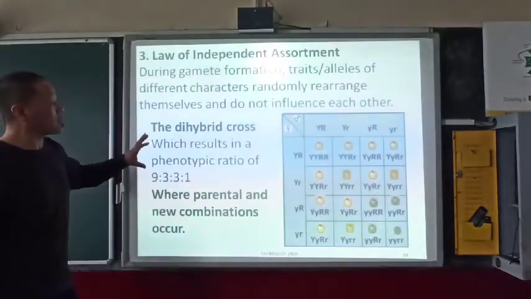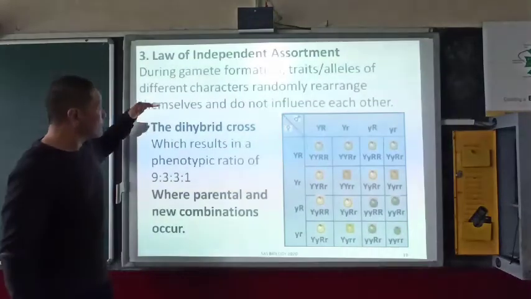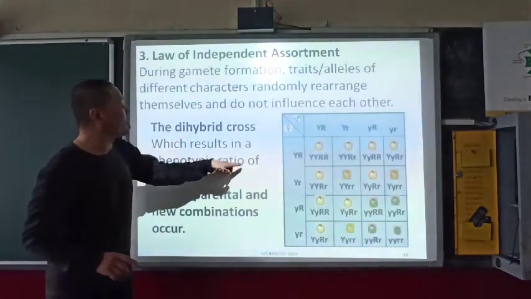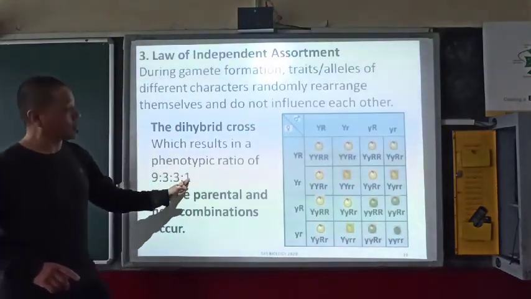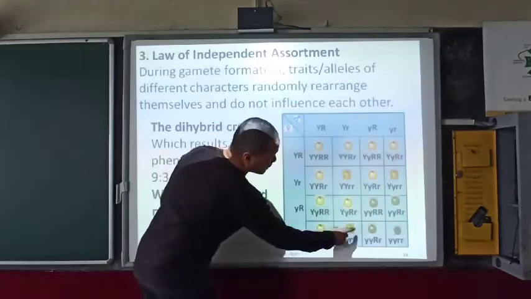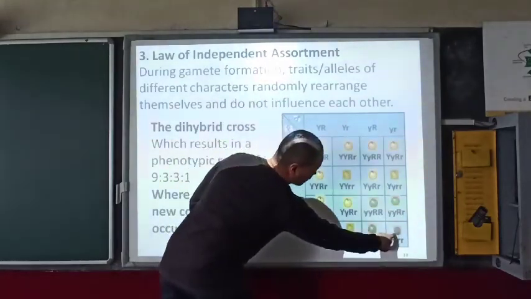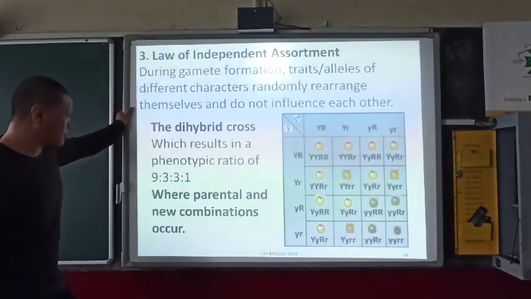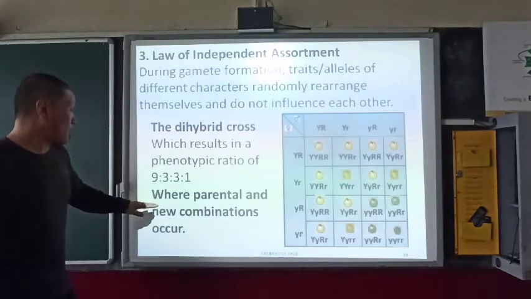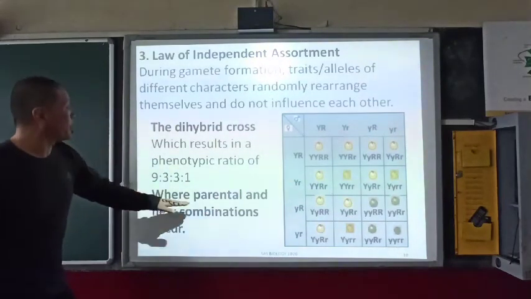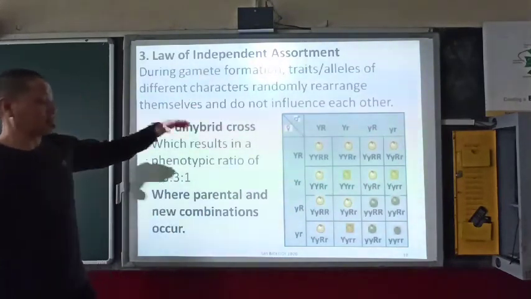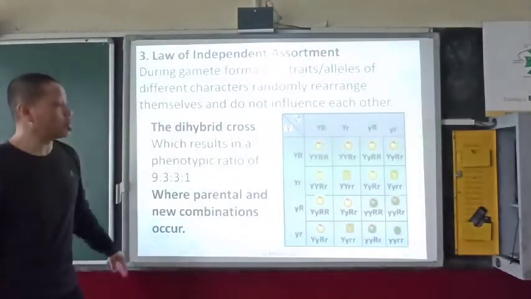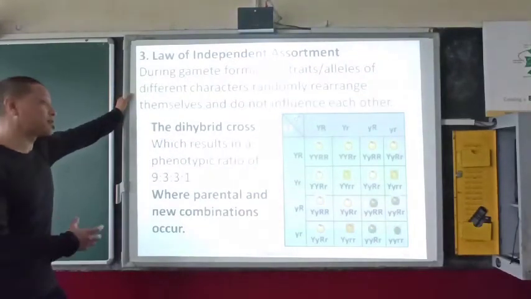For now, just understand that when you go to the F2 generation, you get a phenotypic ratio of 9:3:3:1, meaning there are 9 of these, 3 of these, 3 of these, and 1. So this actually tells us that parental characters are formed and new combinations are also formed, which were not there in the parents at all.